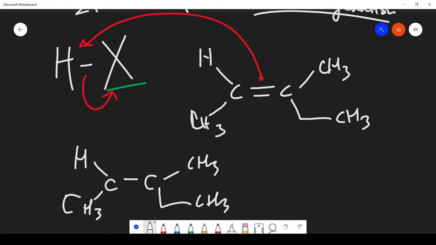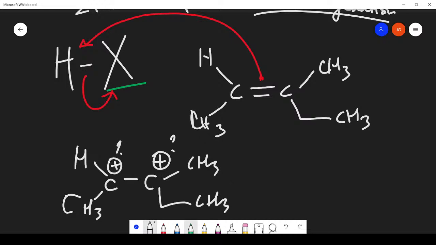CH3. And now the question is, are we adding the hydrogen to this side, question mark, or this side, question mark? Well, the key here is that wherever you add the hydrogen, you're going to add a positive charge to the other end. So we could add the positive charge here, or we can add the positive charge here.